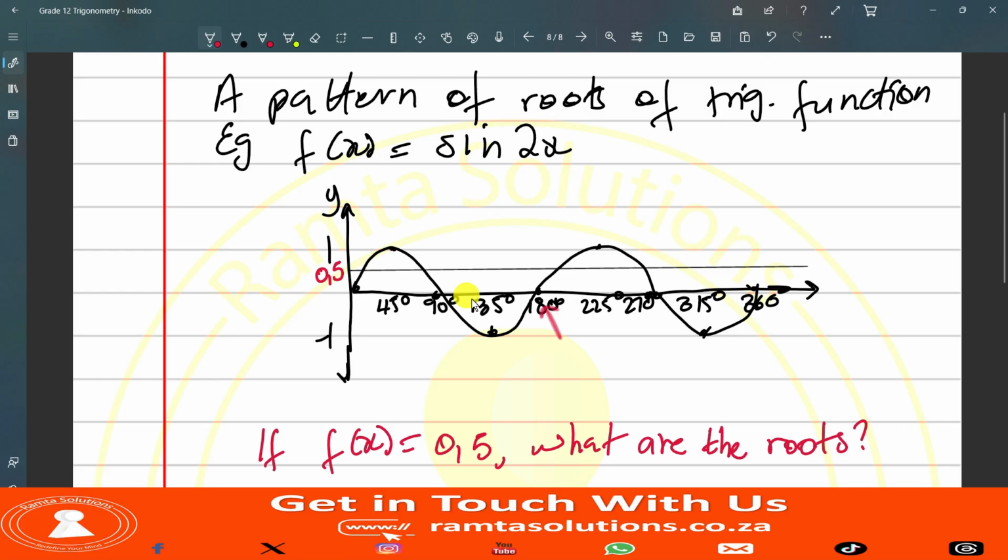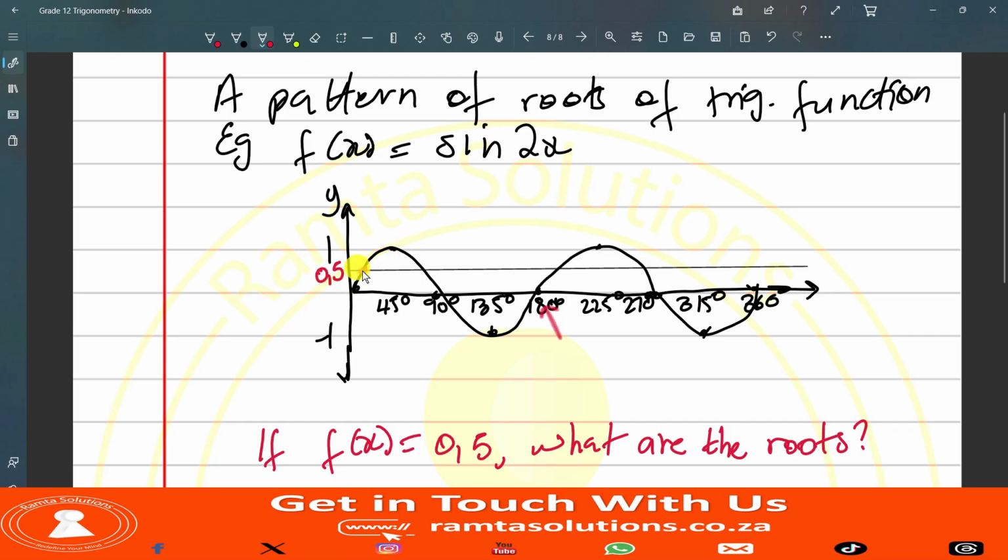0,5 is half. I know that sine inverse of 0,5 will be 30. But hold on, we don't have sine x, we have sine 2x. So 30 divided by 2 will be 15.